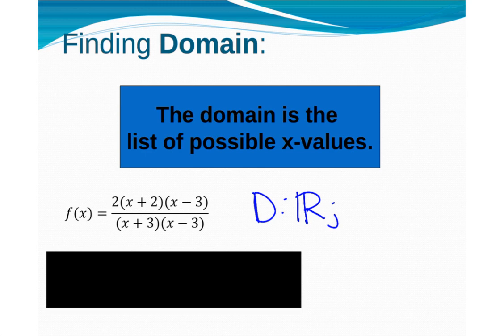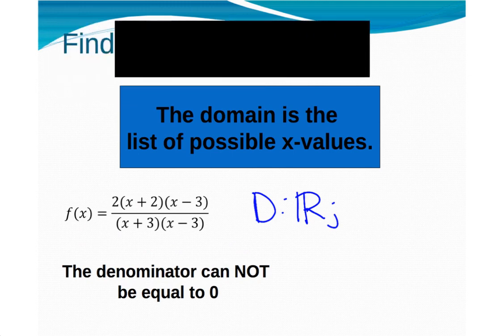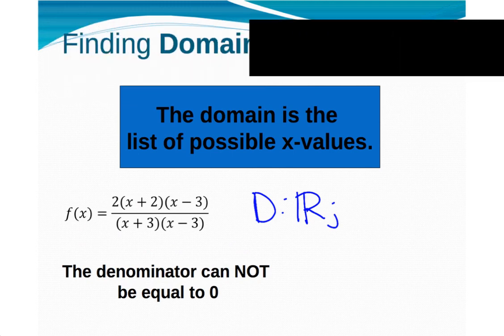So if we're looking at our function here, we have a fraction. If we think about fractions, what is not possible? Well, it's not possible to have a denominator that is equal to 0, because then our function becomes undefined. So think about it. Domain, denominator, denominator, domain. They both start with d's, so that's what we're looking for when we're looking for domain.